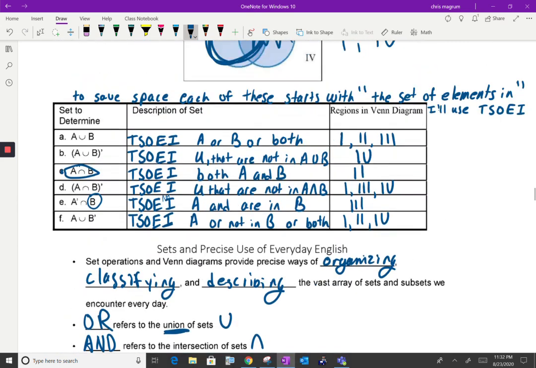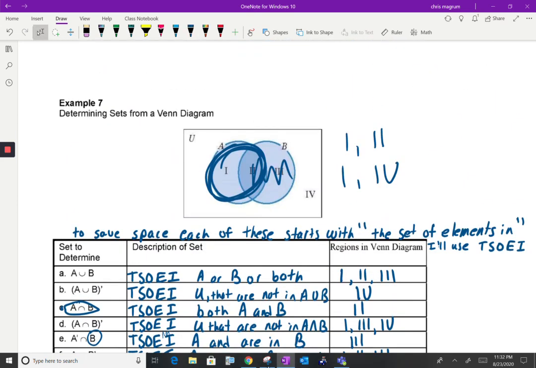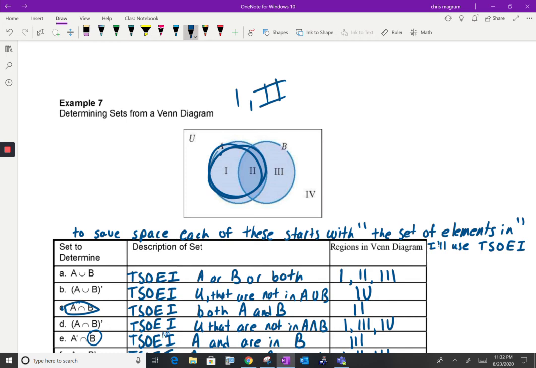So really quickly, if we come back up here to see why we have to do that. If we take all the stuff that's in A, that's 1 and 2. All the stuff that's in B, that's 2 and 3. And then it says to subtract what's in A and in B. So we're going to subtract a 2. So that plus that minus a 2.